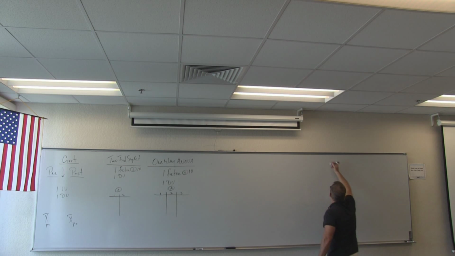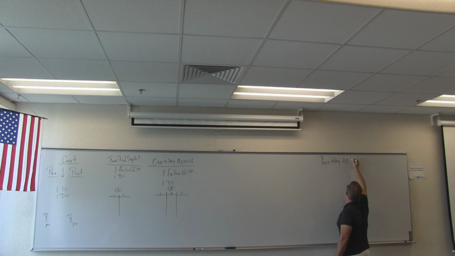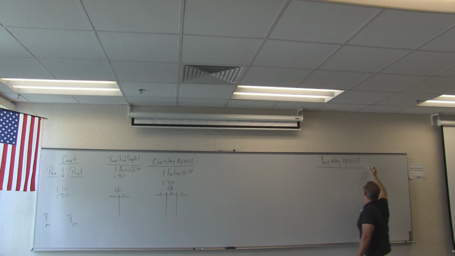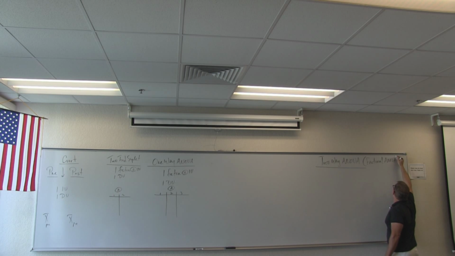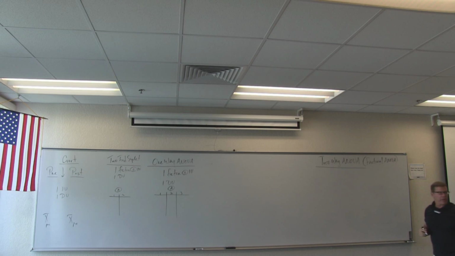It's called a two-way ANOVA, also called the factorial ANOVA. It's spelled F-A-C-T-O-R-I-A-L, but it's pronounced factorial. Don't ask me why.